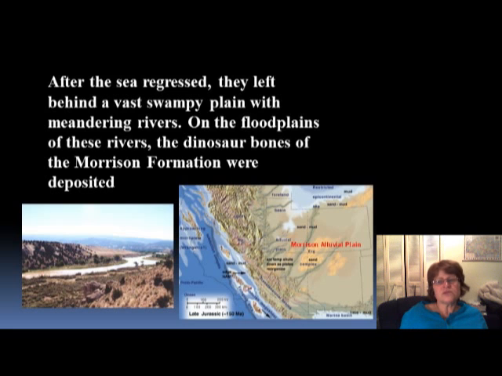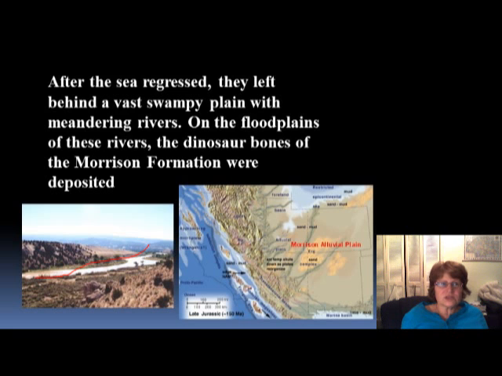I want you to remember the Morrison Formation. It was a swampy deltaic sequence, and the dinosaurs were deposited by dying in a flooding river at the time.